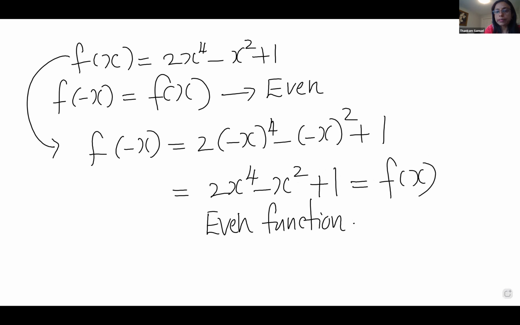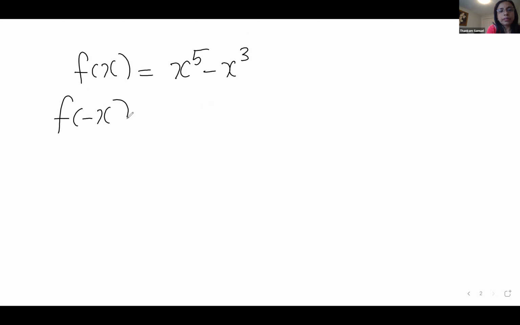Let's look at another example. Consider the function f of x equals x to the 5th minus x cubed. So we need to determine whether this function is an even function or an odd function or neither algebraically. So replace x by negative x.